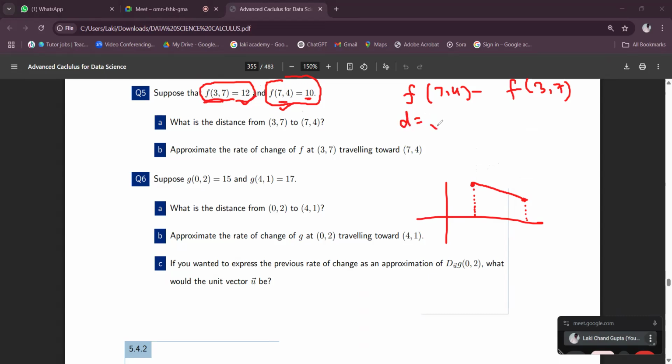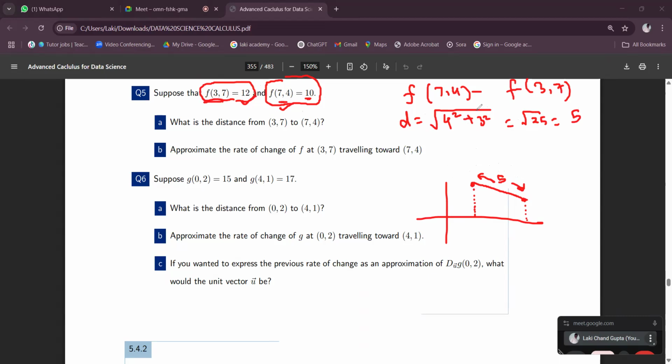By formula, 7 minus 3 is 4, square, and this is 3 square, so 5 units distance. But how did you select 4 and 3 here?